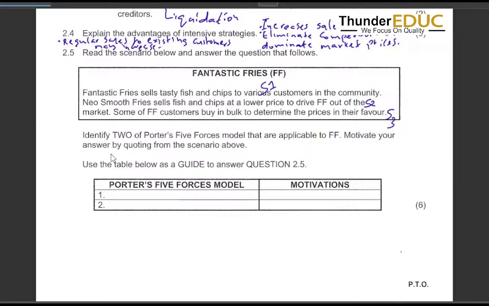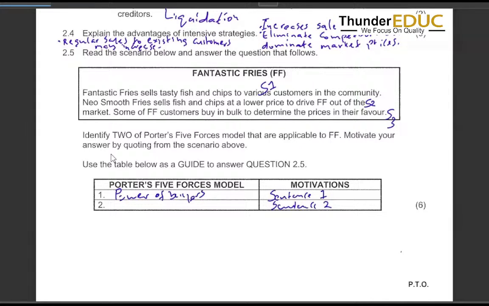But remember, grade 12s, when you answer this, don't just write sentence one, you quote the full sentence as it does appear. So now in sentence one, you're saying that Fantastic Fries sells tasty fish and chips to various customers in the community. So now this one, we have power of buyers.